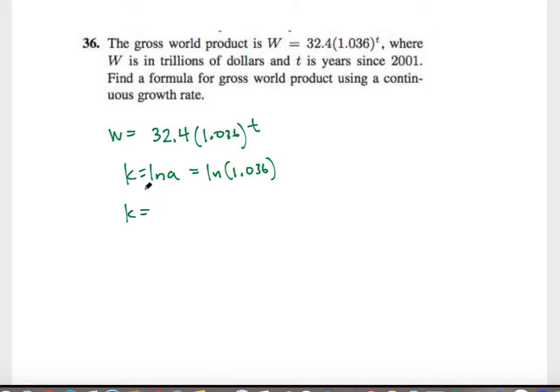So k will be equal to 0.03537. So then we'll rewrite this as w equals 32.4 times e raised to the 0.03537. Pardon me, this is too small to read. 0.03537 times t.